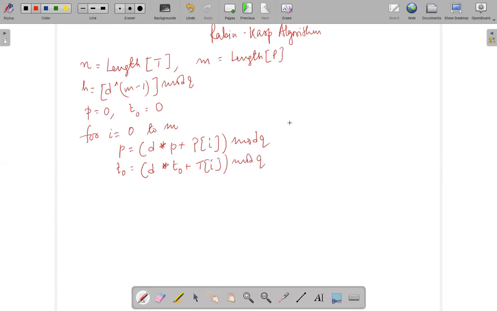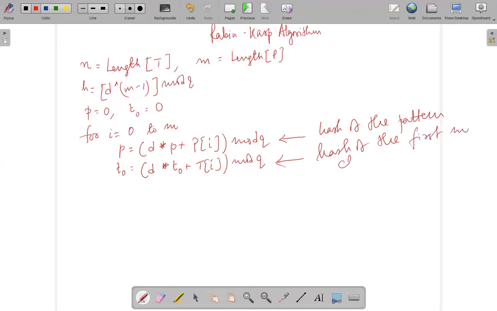So this is the hash of the pattern and this is the hash of the first m characters of the string t, right?